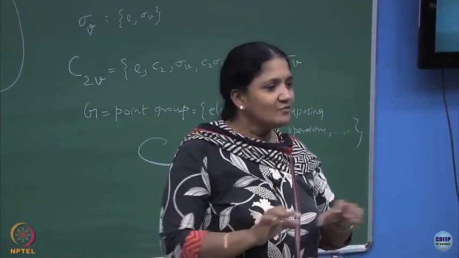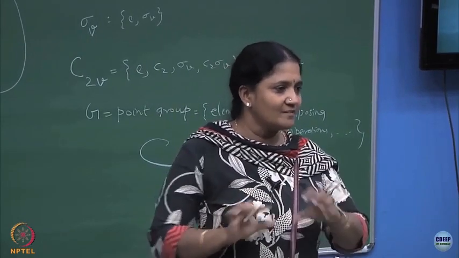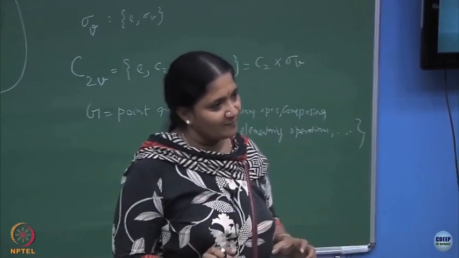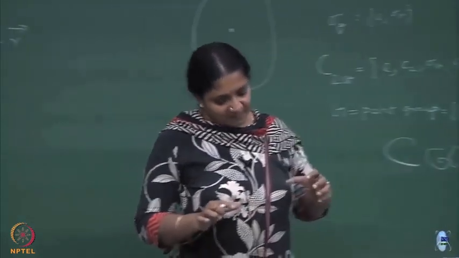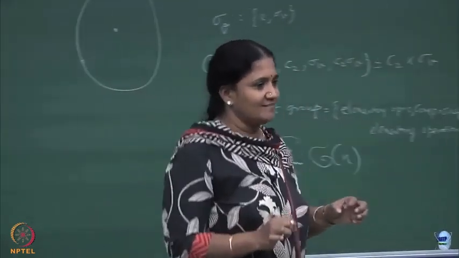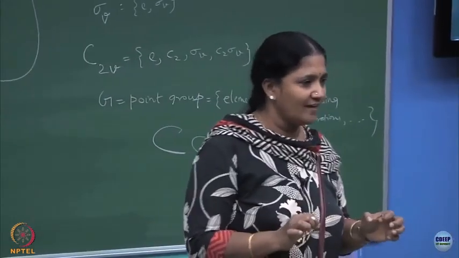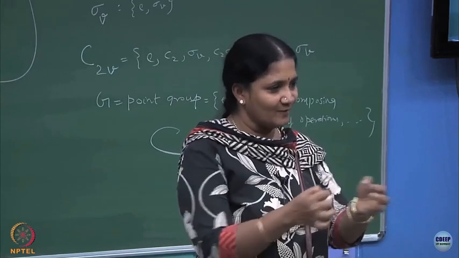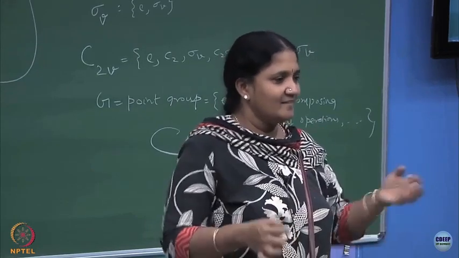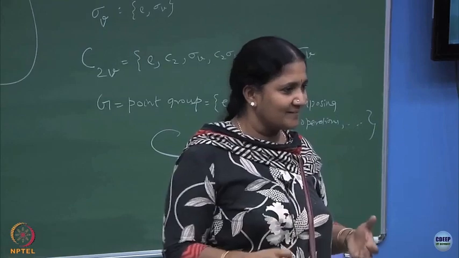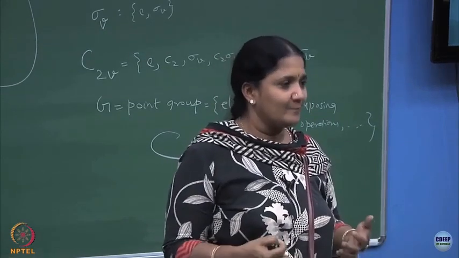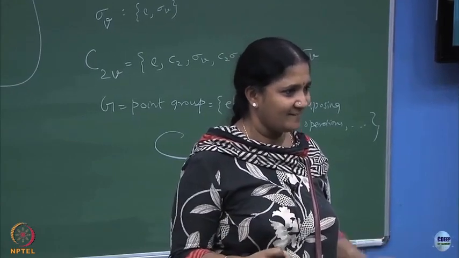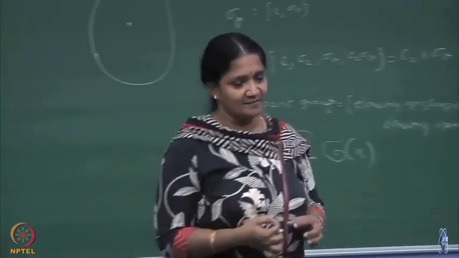So, the cube was just a simple example to show you that you can look at it this way, but in general there will always be a point which I do not need to touch by any of these transformations. The center point of the cube will not be touched. Whether there is an atom at the center point is your question, but I could have put an atom there and still the cubic symmetry will be there, right. So, that is what I mean by this.